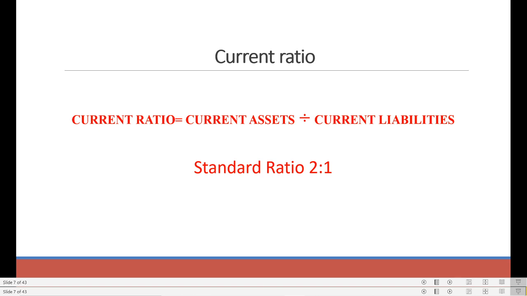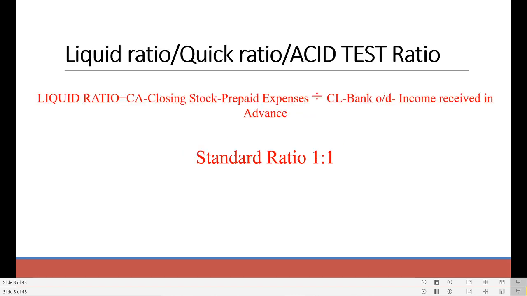It is one of the pure ratios, and the standard ratio is 2:1. That means ideally the company should have twice the current assets compared to current liabilities. This is current ratio. Next is liquid ratio. Liquid ratio is also called quick ratio or acid test ratio.